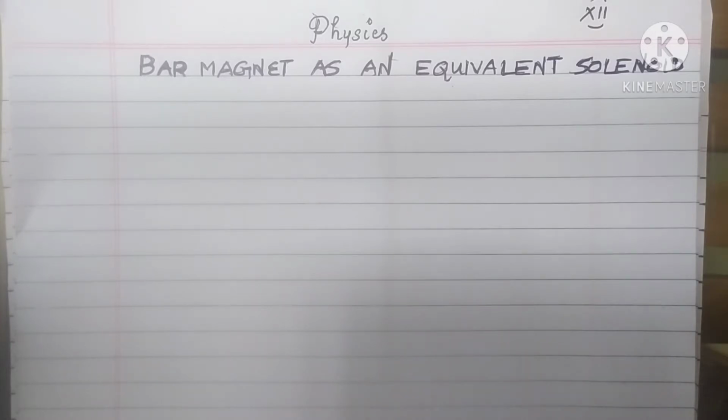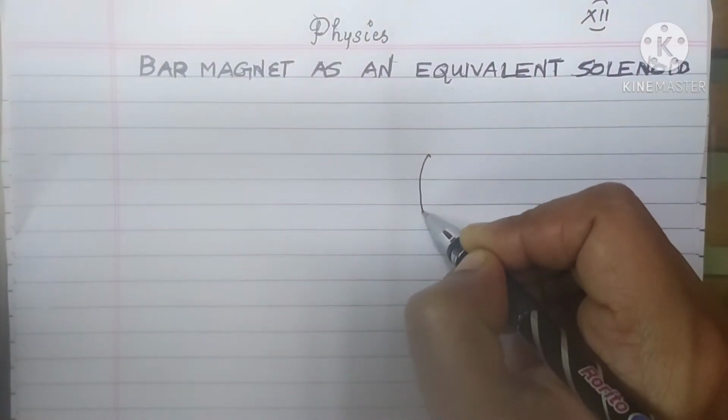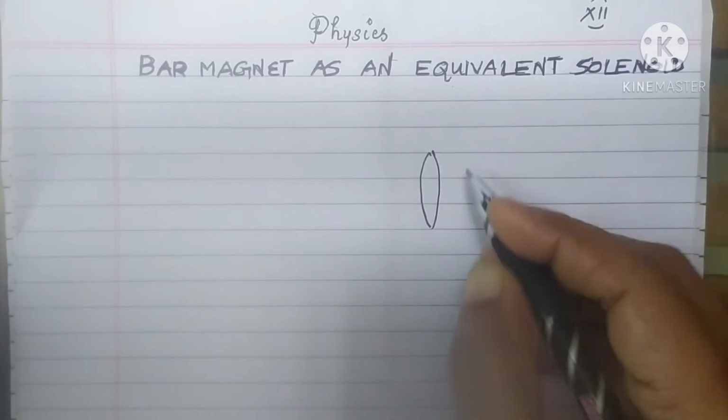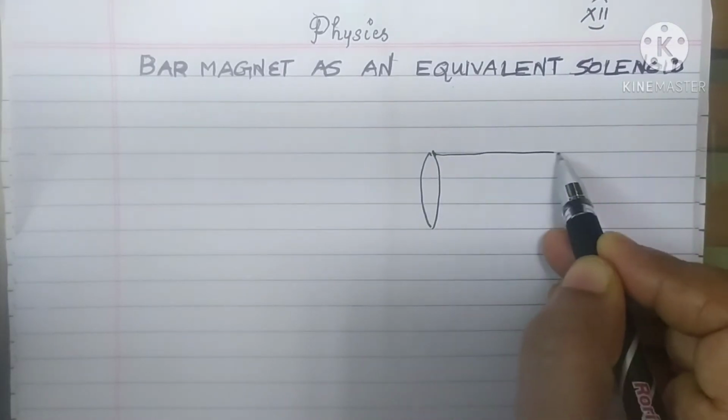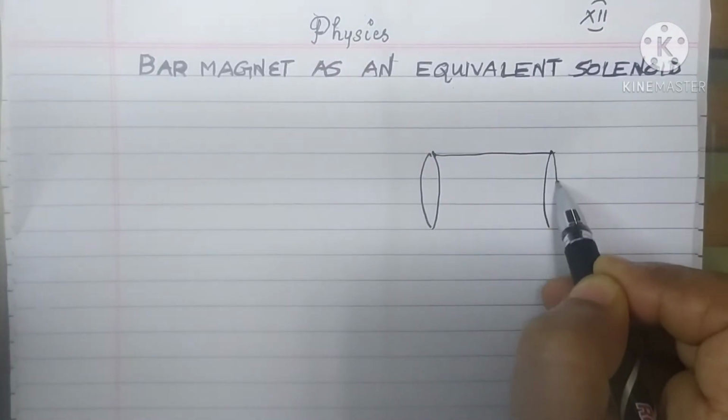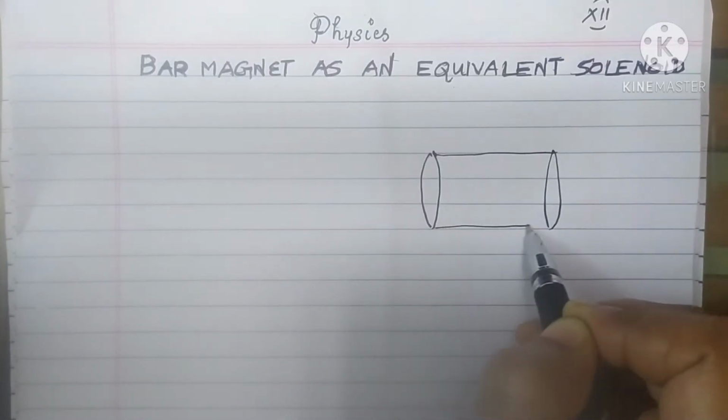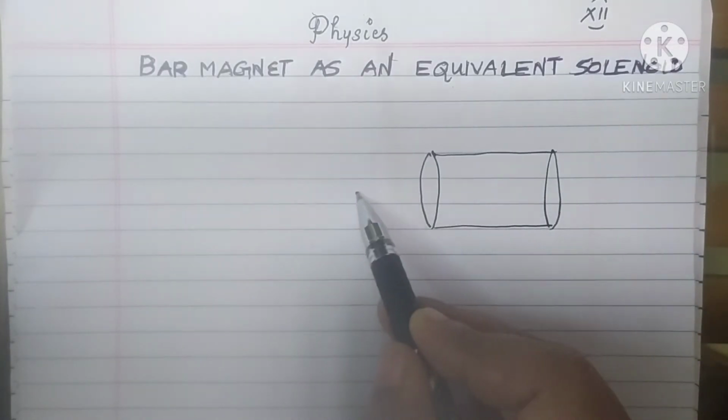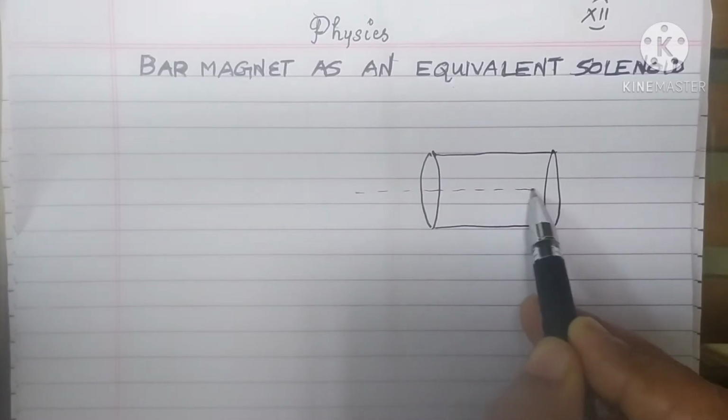Okay, so here we can prove mathematically that the magnetic field produced by a solenoid on any point on the axial line is same as that of the bar magnet. That means if you are considering a solenoid like this, okay, so this is the axial line of the solenoid.